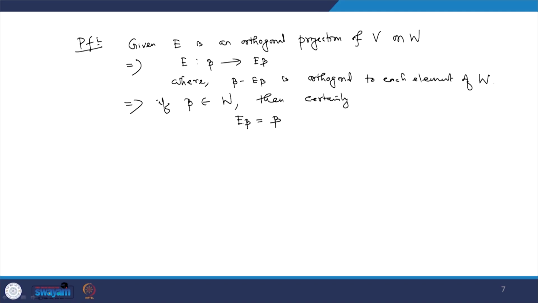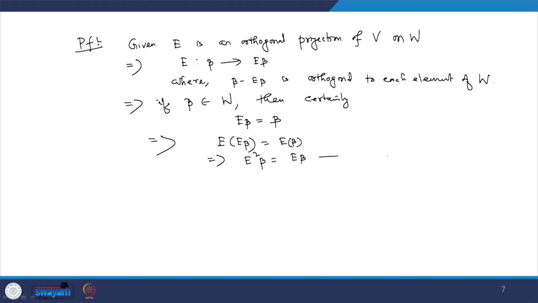So, in this case, when you consider E operating again on E beta, that is equal to E beta. So, this implies that E square beta equals E beta.